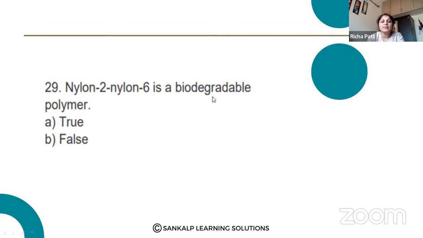Nylon 2, nylon 6 is a biodegradable polymer. True or false? Yes, it is true.